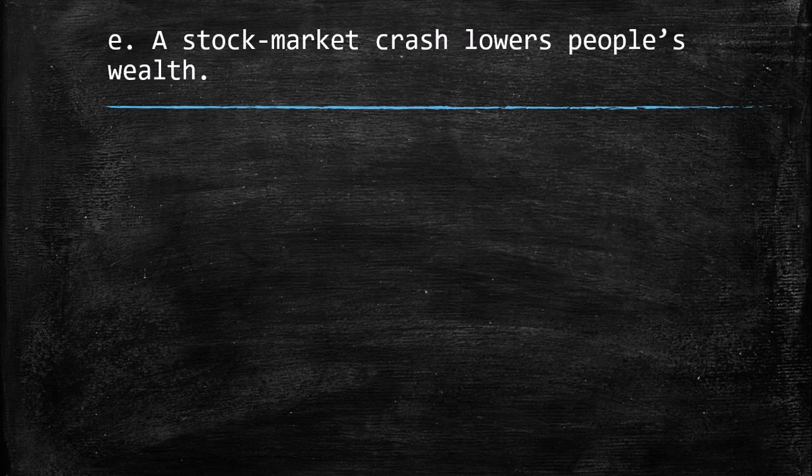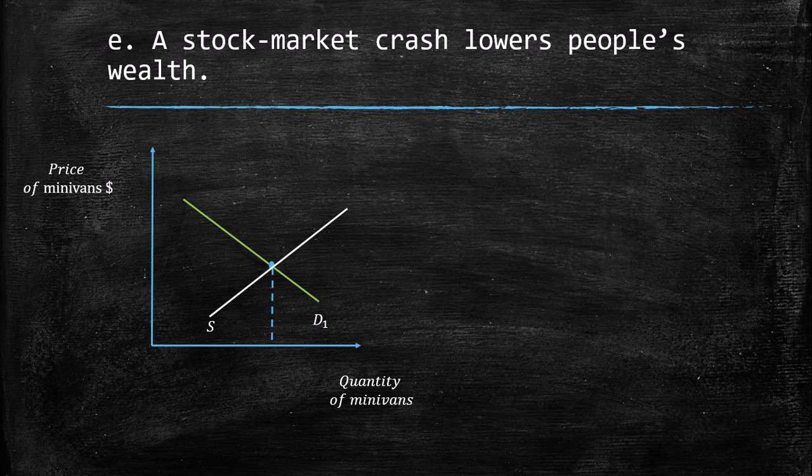So the stock market crash lowers people's wealth. So I think this is kind of subtle. Why? Because for example here we have the initial case. What I think is that maybe these people, the ones whose wealth is lowered, don't buy minivans.